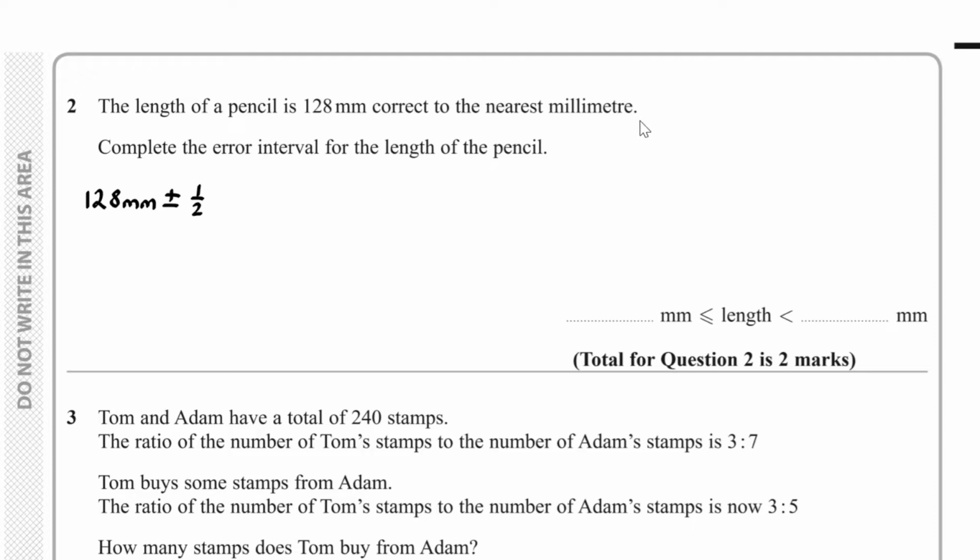So our unit here is 1 millimeter. So the range of values, we have 127.5 and 128.5. So the error interval, we have 127.5 and then 128.5.